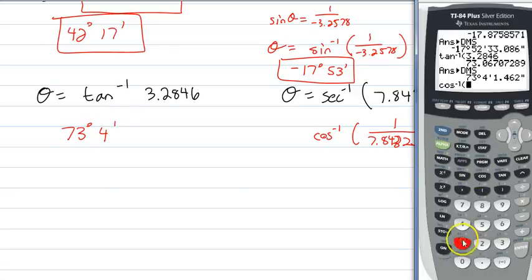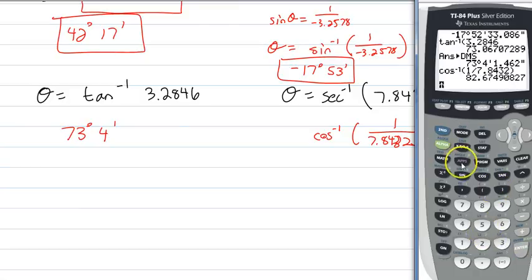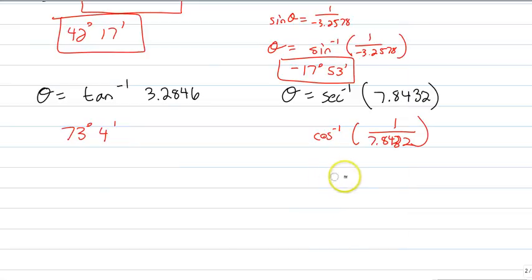Cosine inverse of 1 divided by 7.8432. And we get that, which is 82 degrees, 40 minutes, and technically this is not 30 yet, so you don't round and then round again. Look at this number right here. It's 29, so we don't round up. So it's 82 degrees, 40 minutes.